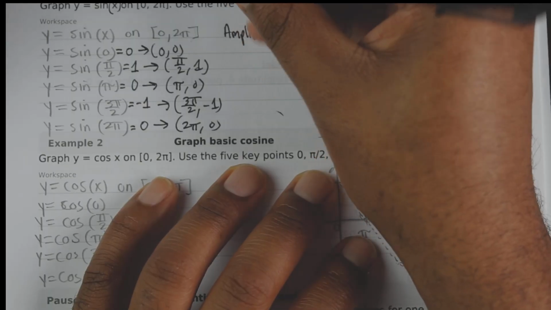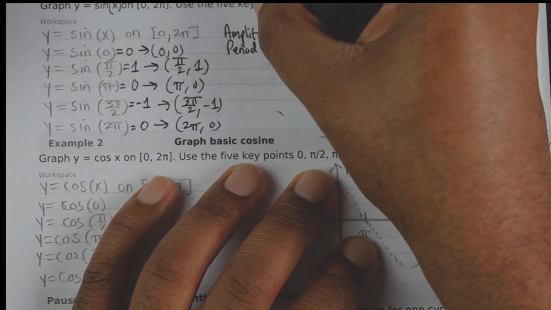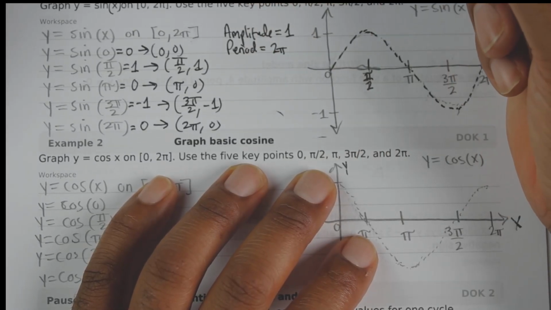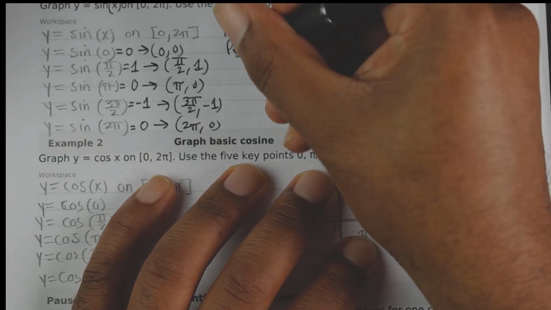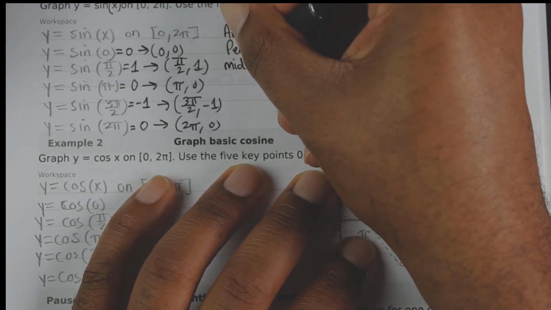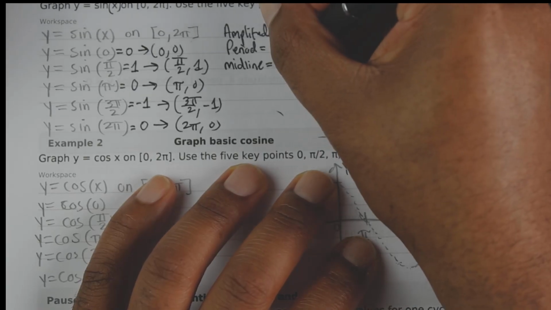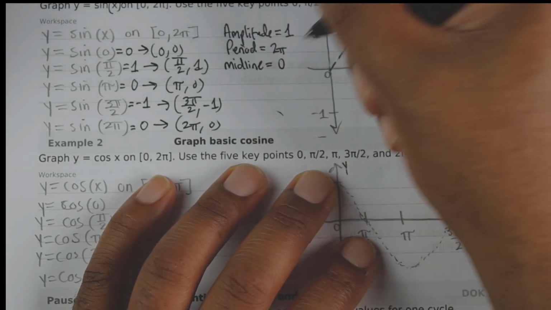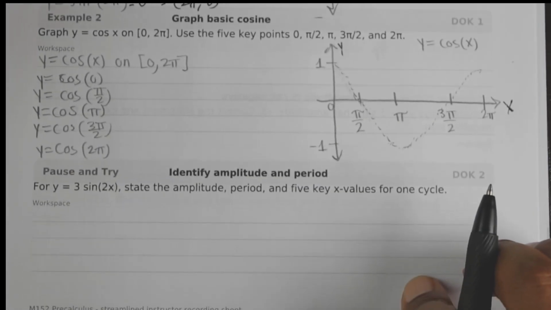The period is 2 pi. And let's say the midline right here is 0. All right, let's continue.